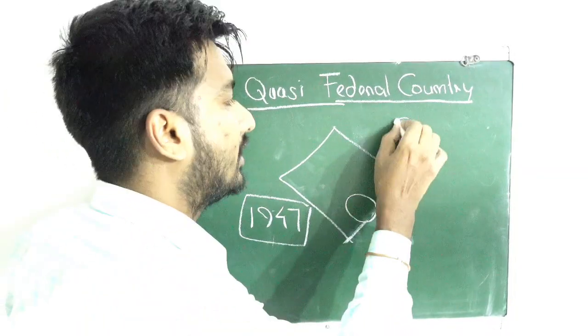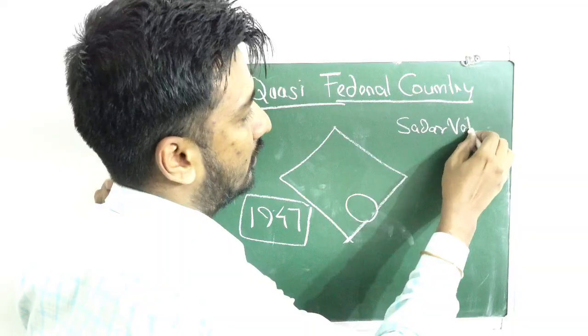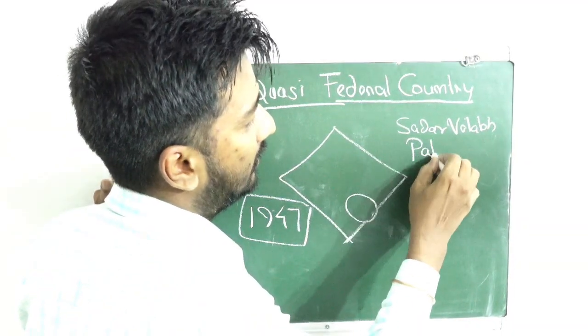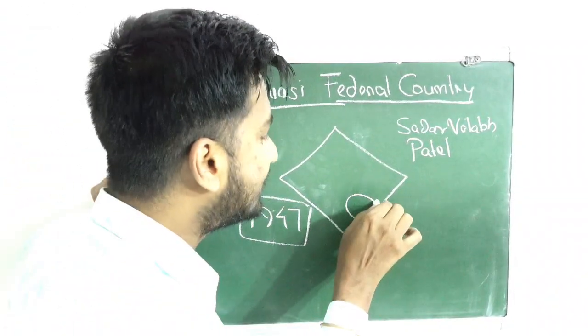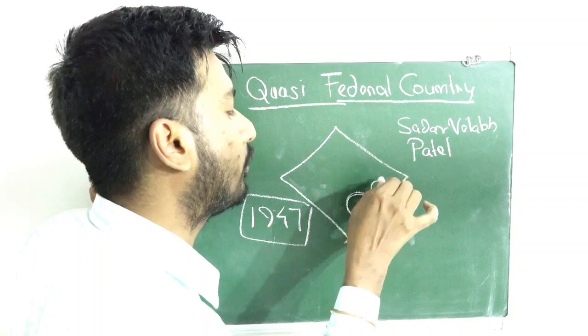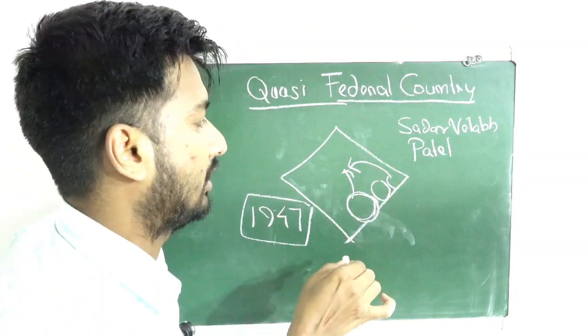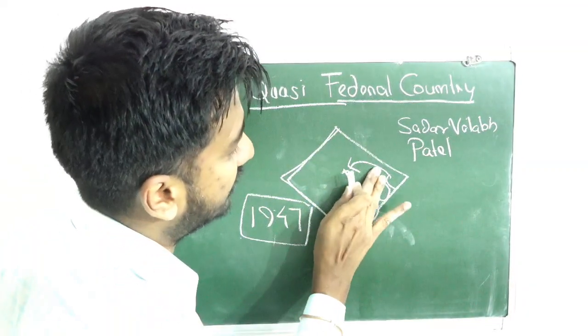So Sardar Vallabhbhai Patel played a very important role in convincing these provinces to be part of the country. When India got independent, they were a part of the country.